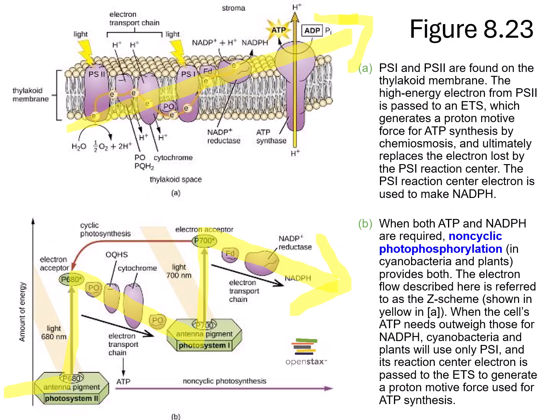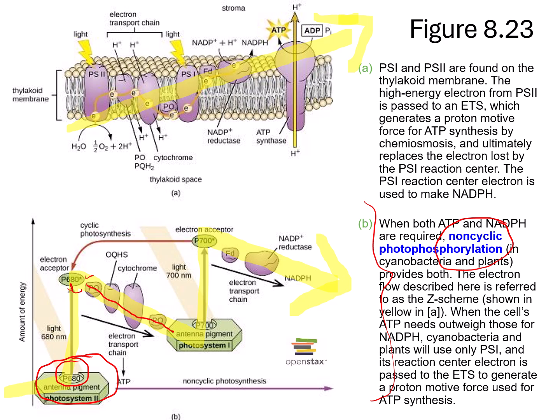So here is non-cyclic photophosphorylation, and let's start at the diagram down here. It uses both photosystem 2 and photosystem 1. Light will excite the pigments in this photosystem 2 antenna pigment system, and then eventually the reaction center will lose its electron, and its electron will travel through the electron transport system.